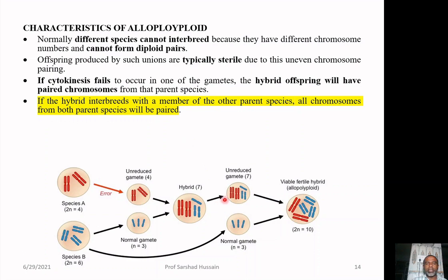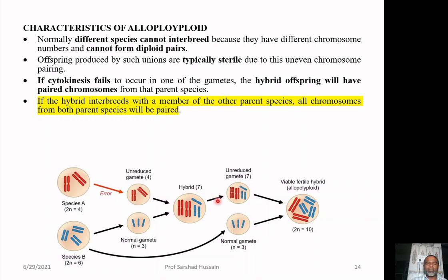Now, another condition for getting the pairing is that, say for example, this was the hybrid which was derived from two different species, and because it had 7 chromosomes, each chromosome was not having its counterpart, its pair, so it was sterile.